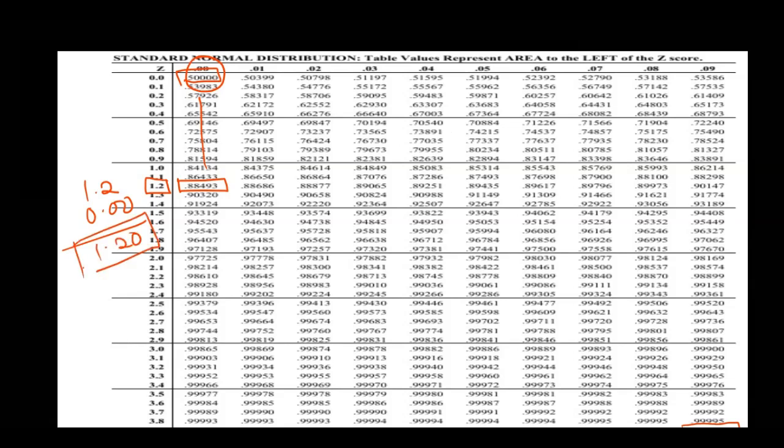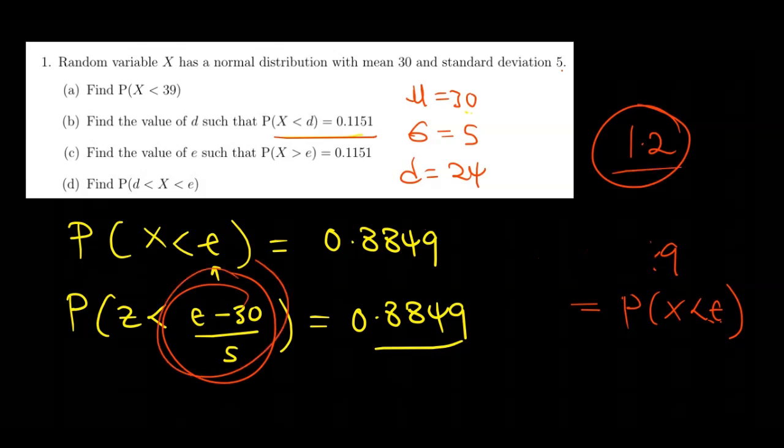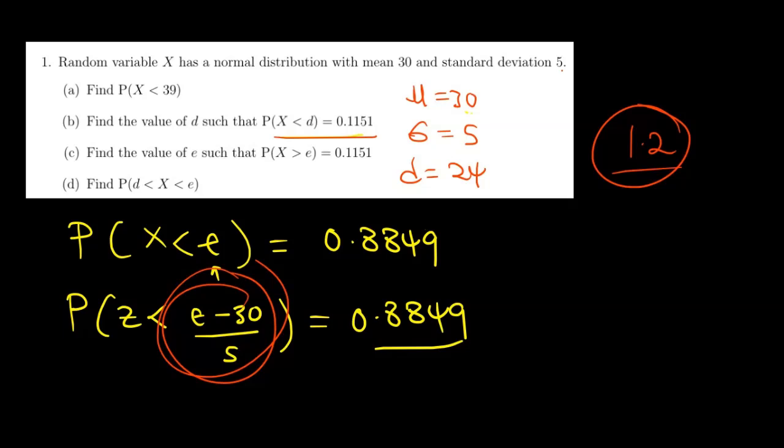So it means the z score for this whole thing here is just 1.2. So we can equate this whole thing to this and then solve for the value of e. So we're going to say e minus 30 over 5 is equal to 1.2.